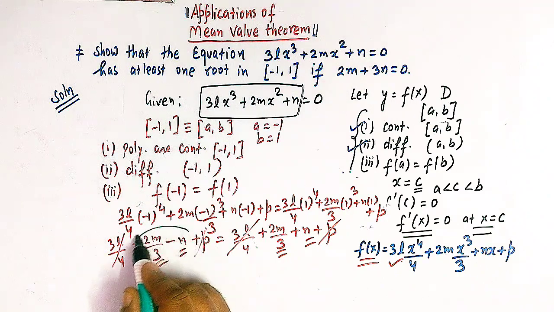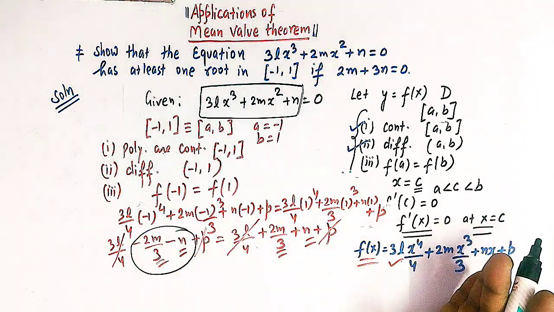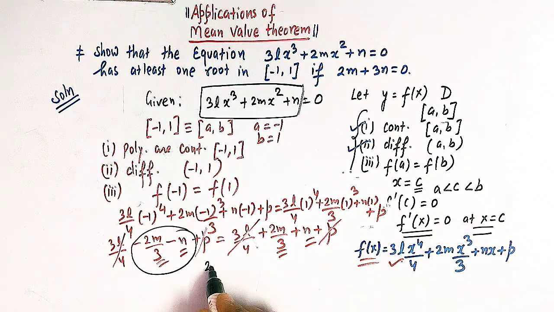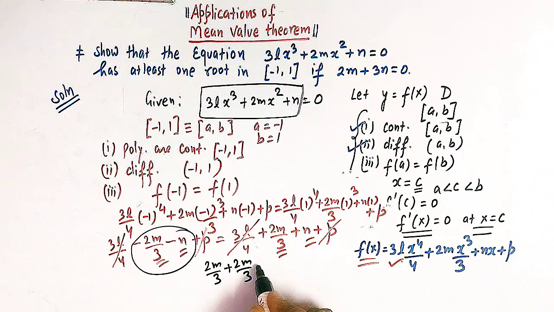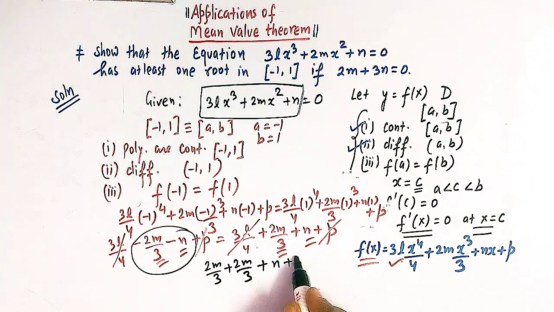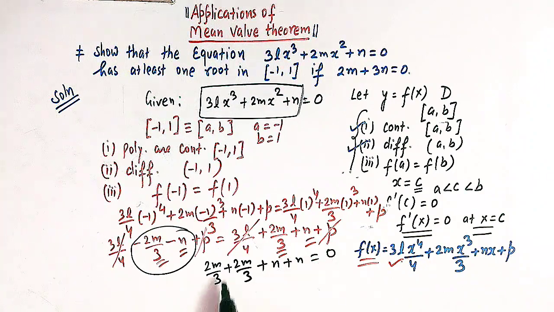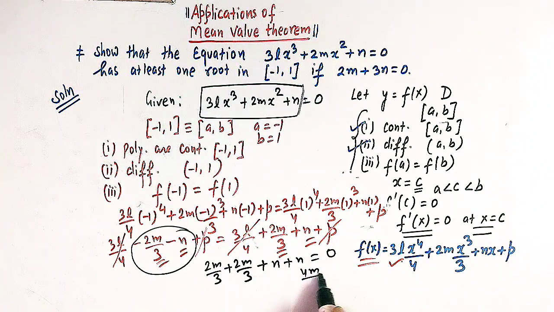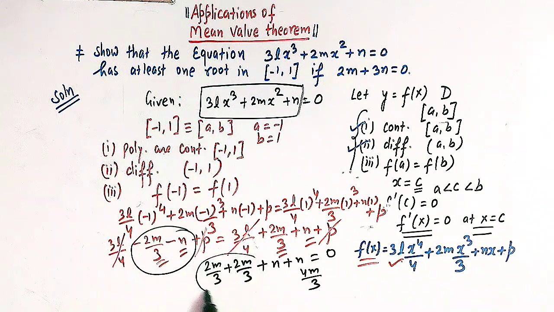So now taking these two terms to the right hand side, we have 2m over 3 plus 2m over 3, and here we have plus n is equal to 0. So here we have 4m over 3, adding these two terms, and n plus n is 2n, that is equal to 0.